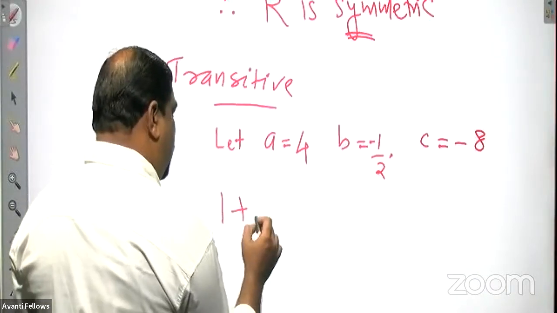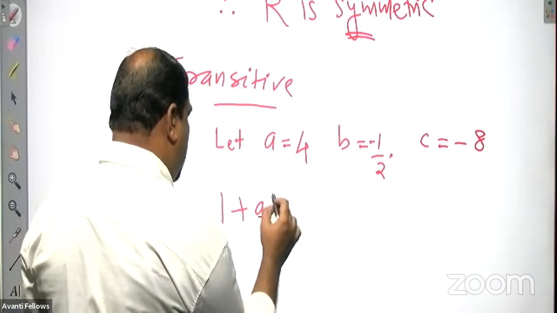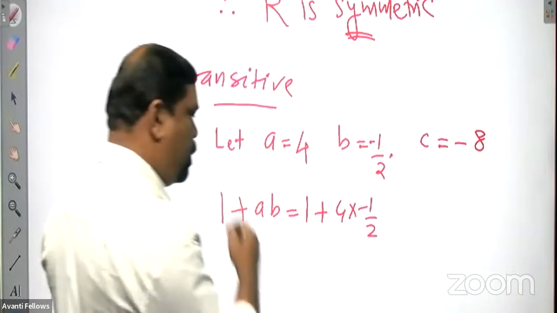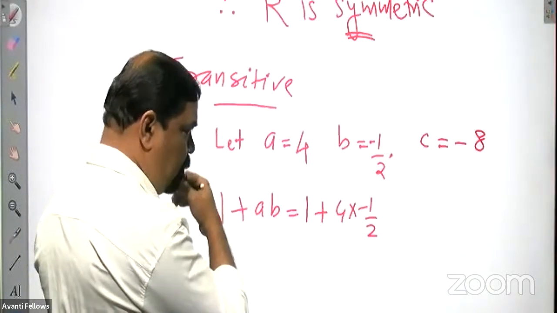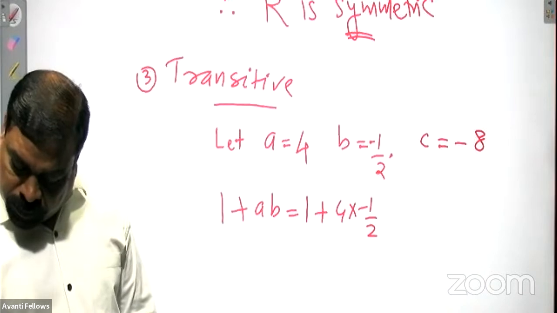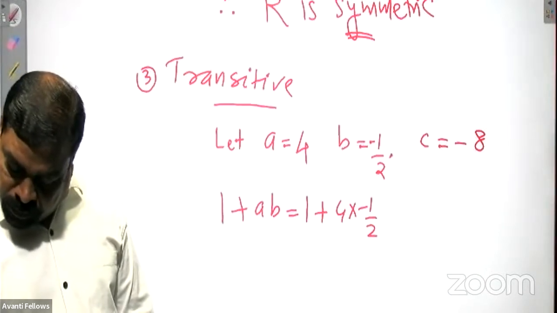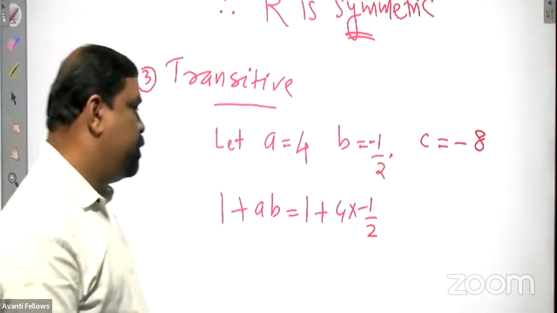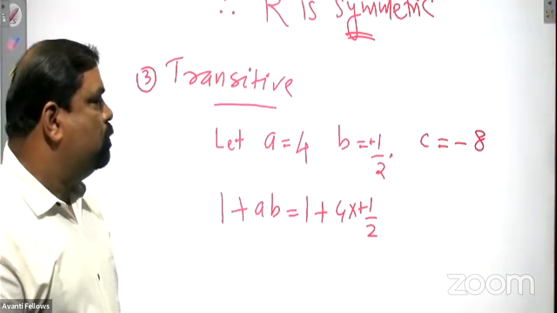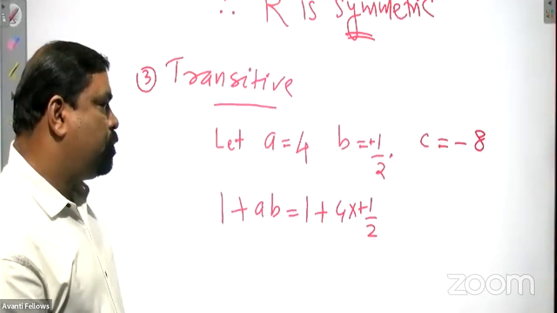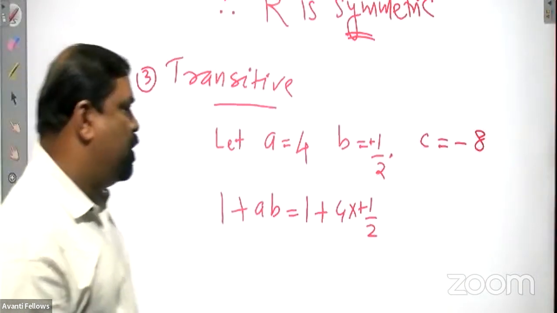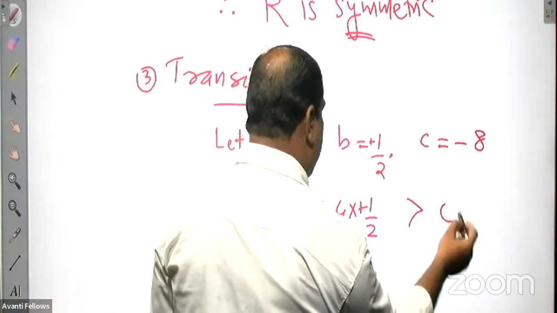What about 1 plus AB? 1 plus 4 into minus 1 by 2, that is very clearly greater than 0.